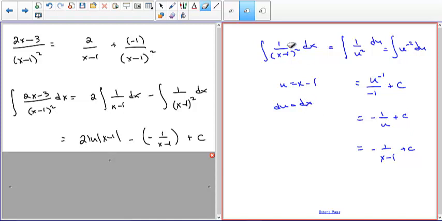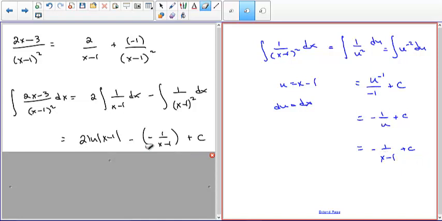So you make those substitutions into here, so you get this becomes u, this becomes du. So you get 1 over u squared du. Move that to the numerator, becomes a negative 2. Integrate, add 1 to the exponent, divide by the new exponent. Move this to the denominator, so u to the minus 1 is 1 over u. And then you plug u back in, so you get negative 1 over x minus 1 plus c.